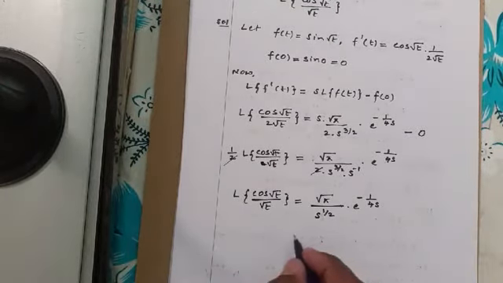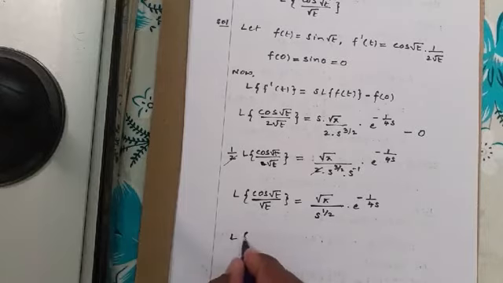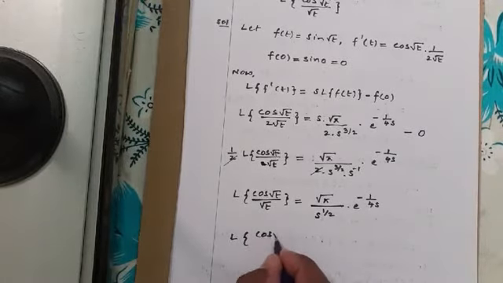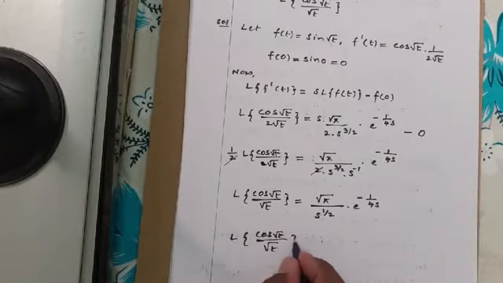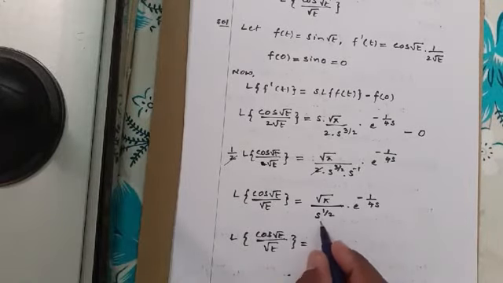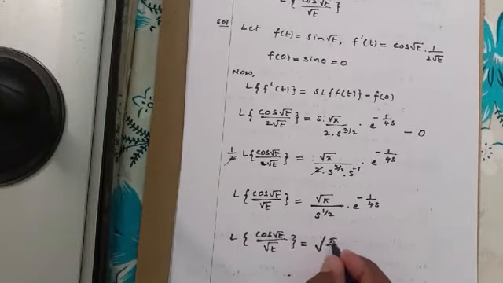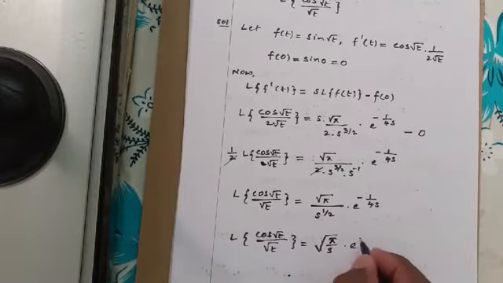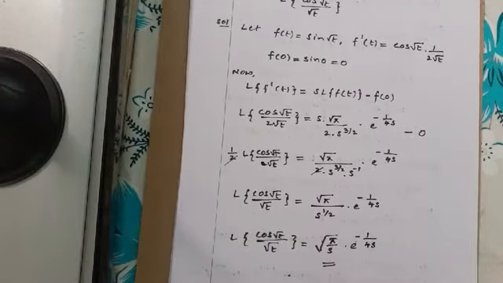Now I can write Laplace of cos root t upon root t is equal to, s power 1 by 2 I can write as root s, so root pi by s into e power minus 1 upon 4s. This is the solution of the given problem.